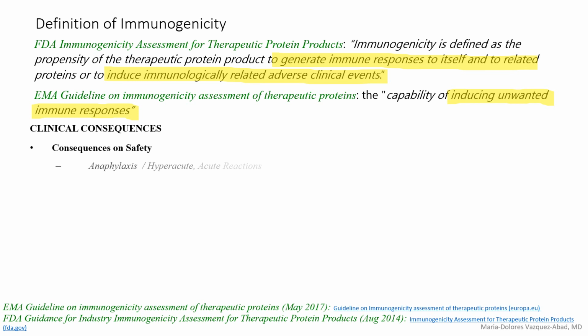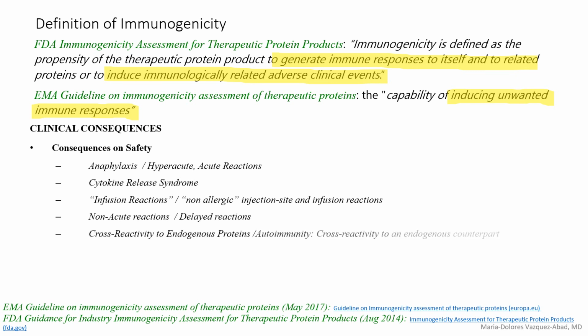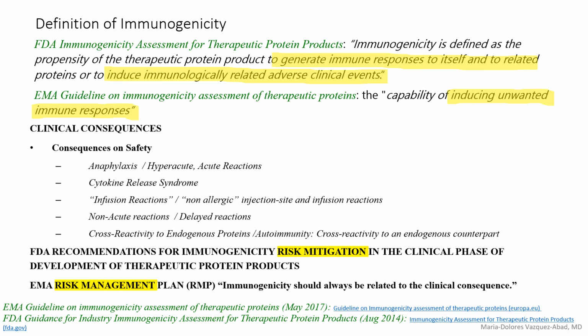So in the consequences of safety, they are very clear that we have to consider 5 different potential adverse events that could be immunogenic, and we will go over those later in this video. At the end, the important thing is that both guidelines want us to do this assessment because we need to create a risk mitigation or a risk management plan that is based on the clinical phase.